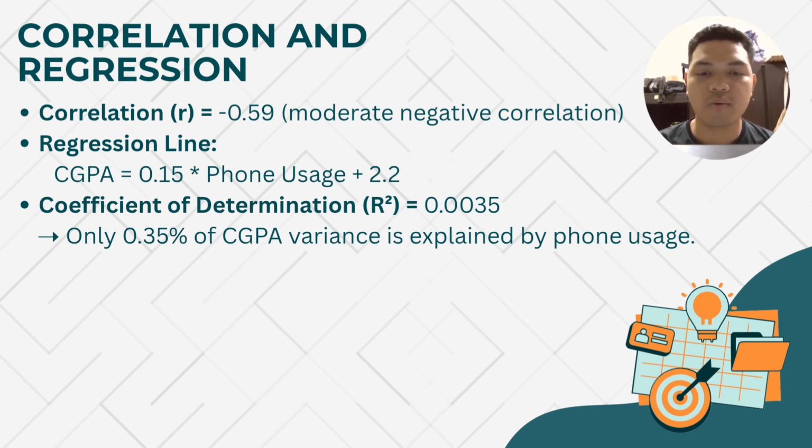However, the R-squared value is very low, only 0.0035. This means phone usage only explains 0.35% of the change in CGPA. So, phone usage has some effect, but not a strong one.